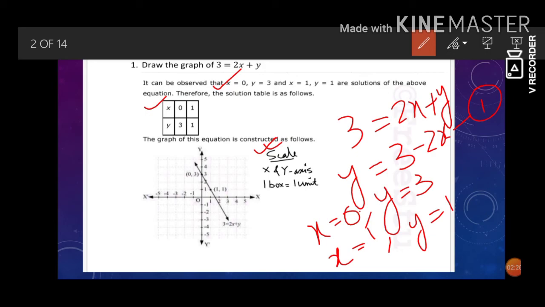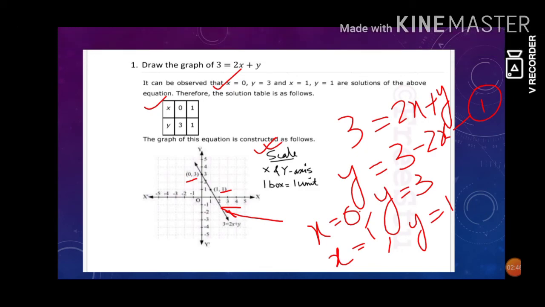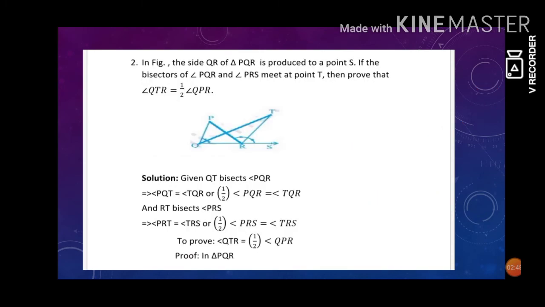After finding these points, we join them to make the line 3 = 2x + y. So our line is this one, and the points (0, 3) and (1, 1) are over here. So this is how we construct a line in a graph.